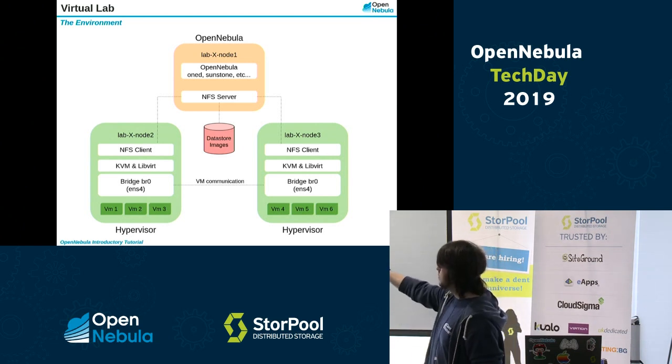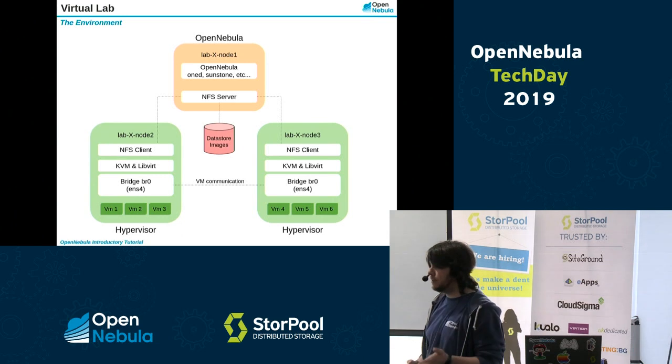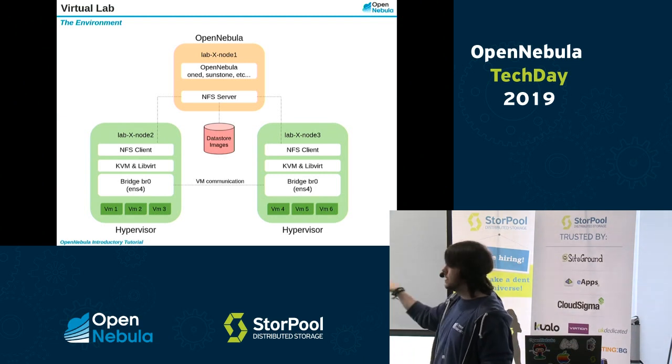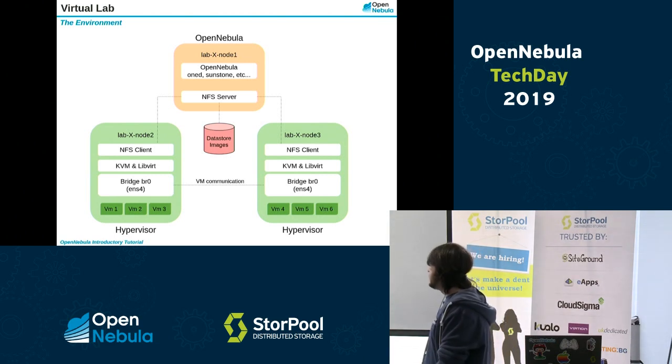In the two hypervisor nodes, we have the NFS client, and KVM and Libvirt installed, and we have a bridge, br0, configured so that the VMs have private communication between them. And then we have the data stores to store images and running VMs.